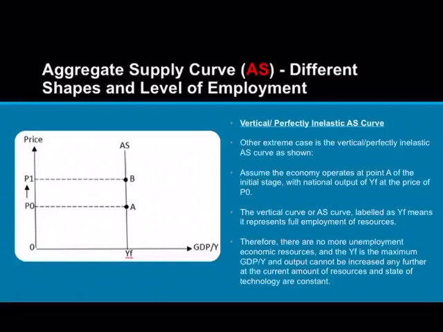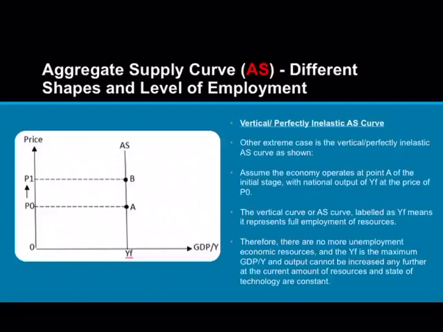So output is at the full employment level, or YF. At this point, the price will increase because the supply is constant. If the demand for goods and services keeps rising, the price also will increase because the supply is constant.